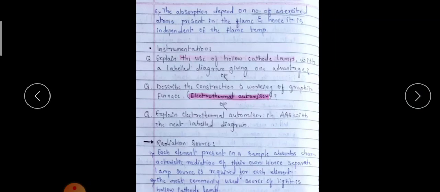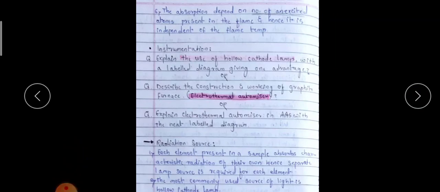The absorption depends on the number of the excited atoms present in the flame, and hence it is independent of the flame temperature. It is a very simple principle. It is similar to the flame emission spectroscopy principle, FES. The only difference is that instead of emission, here it will be absorption, and we will monitor absorption with the help of Beer-Lambert's law.